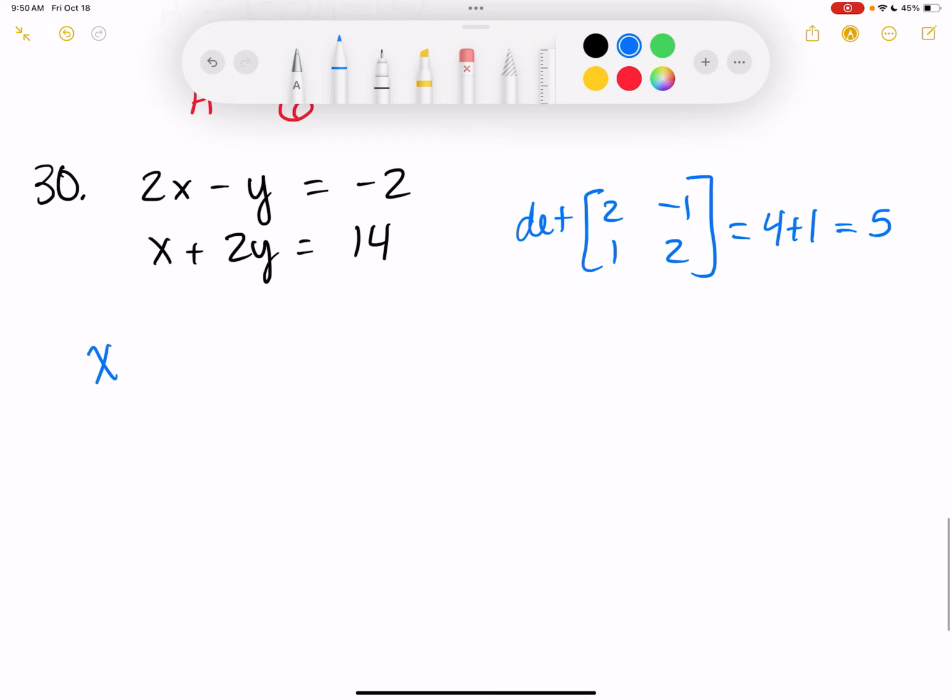So when I'm solving for x, it's the determinant of a 2x2, but it's not this 2x2. And it all goes over the determinant of that, which is 5. So we've already found that. So that's just what goes on the bottom. Whenever I'm solving for a variable, the solutions go in for that variable. So this will be -2 and 14 here.